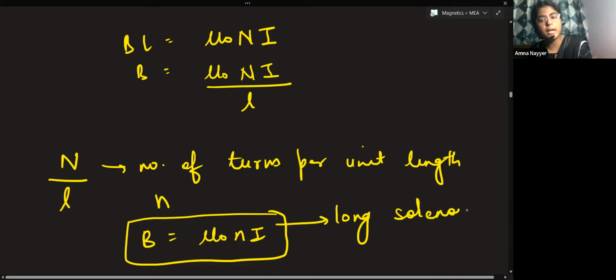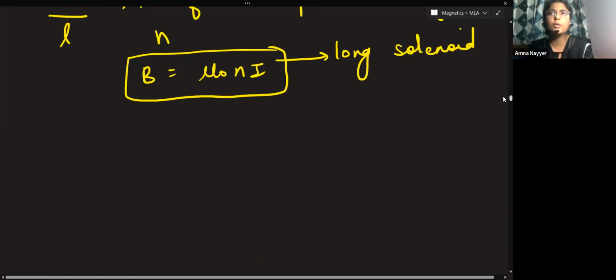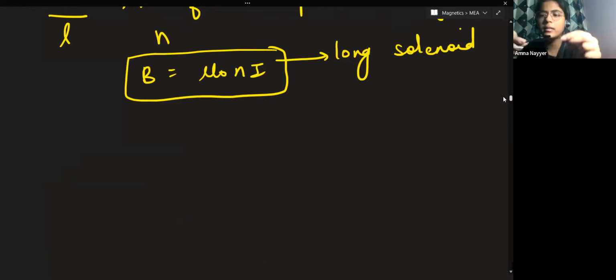Now, what is meant by a long solenoid? Look at this wire. If I give you this much length, the length is so much and the radius is so small.